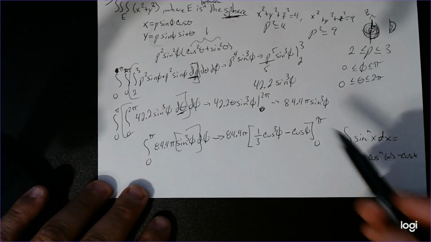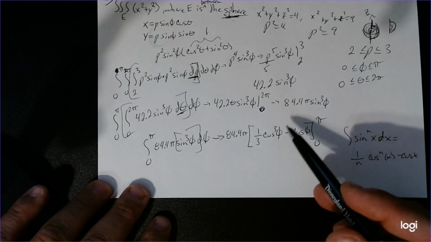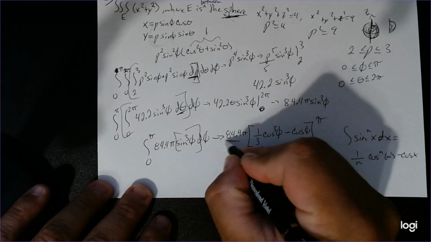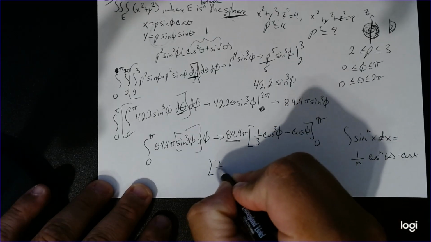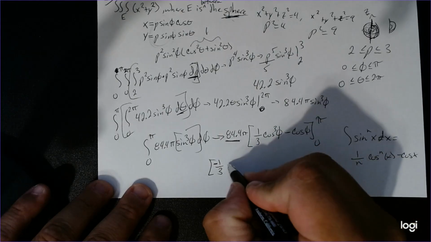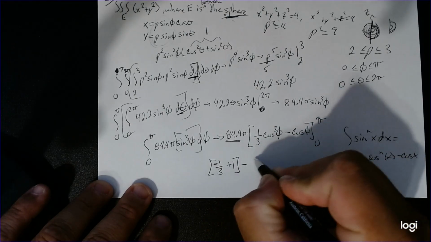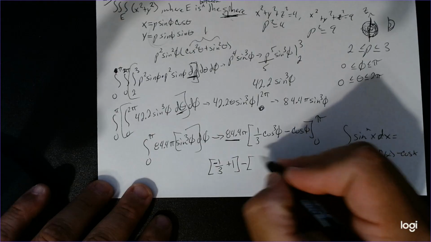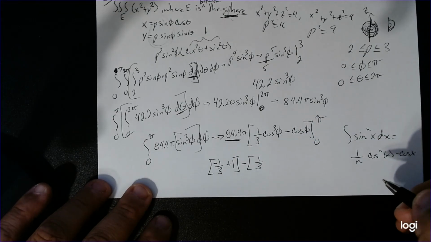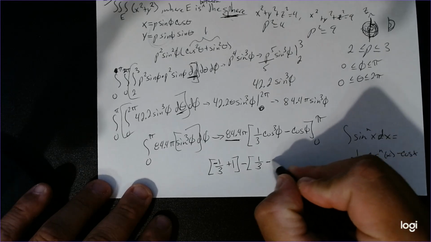Plug in pi, that gives you -1. To the third power still gives you -1, so I'll leave this for now. So this negative, and a negative makes it positive. Cosine of 0 is 1.